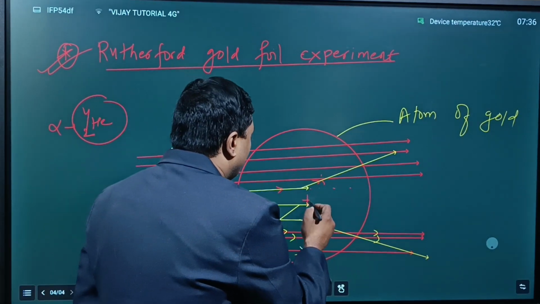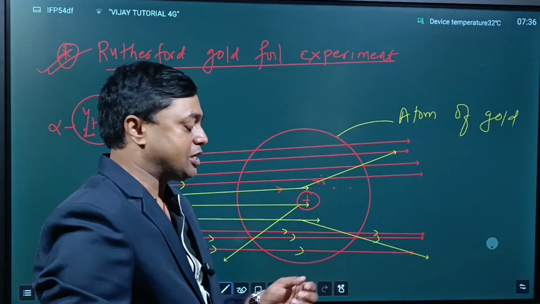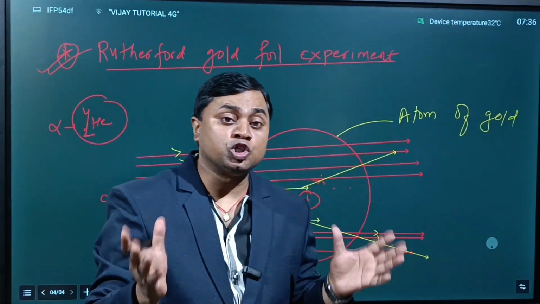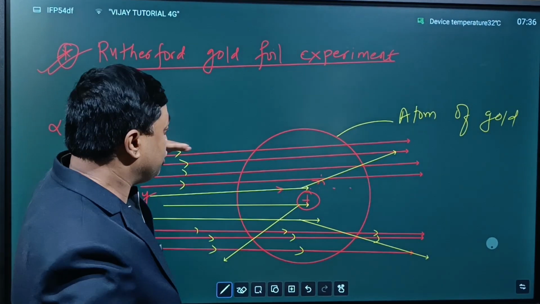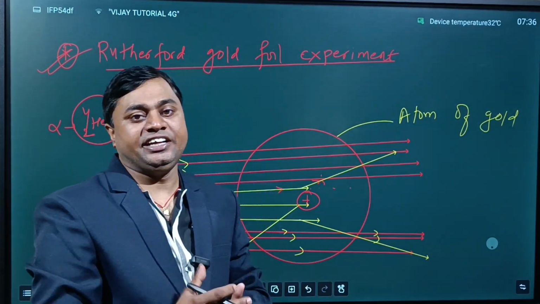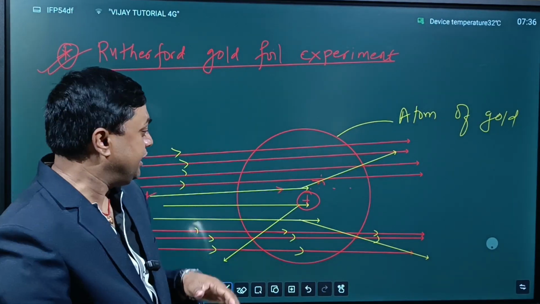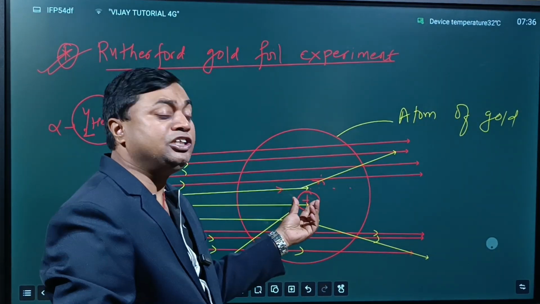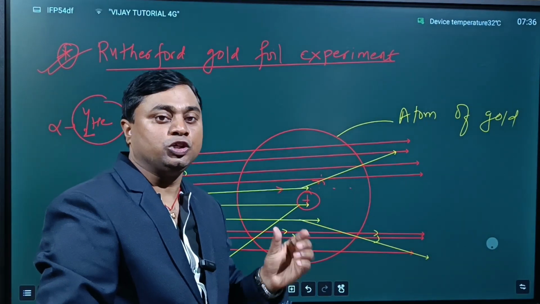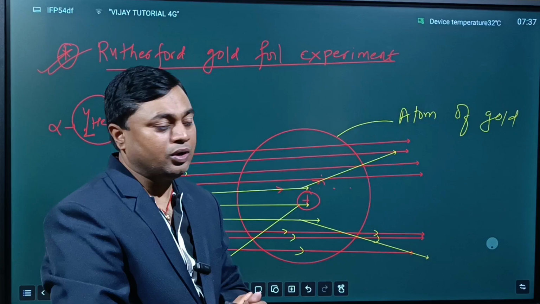So what he concluded after his experiment was that most of the atom is empty, because most of the positive rays pass undeviated without any deflection. Some rays get deflected because they pass close to the nucleus, which is positively charged.